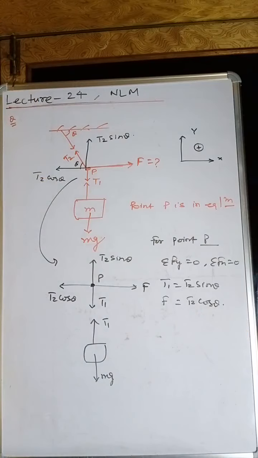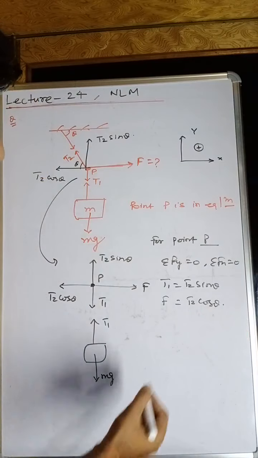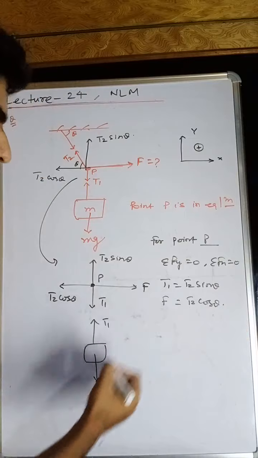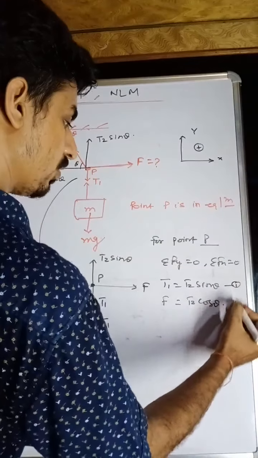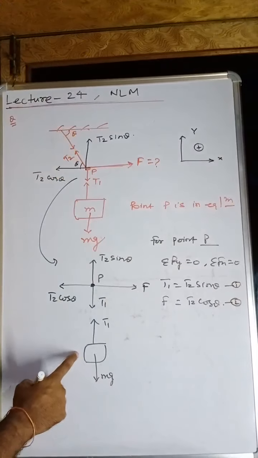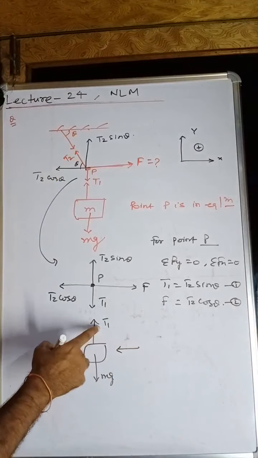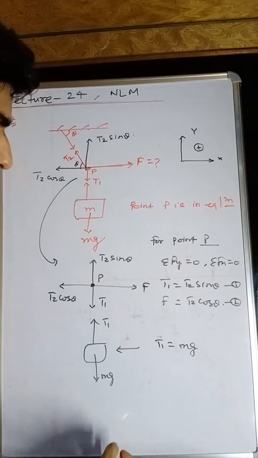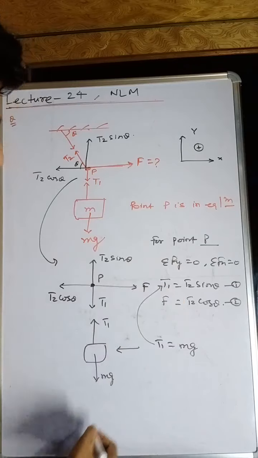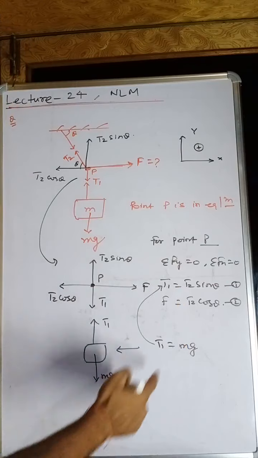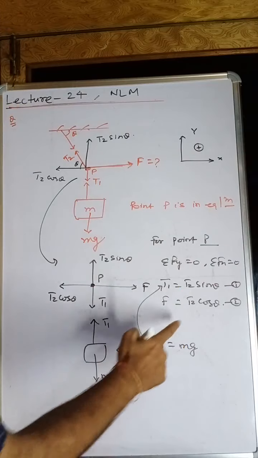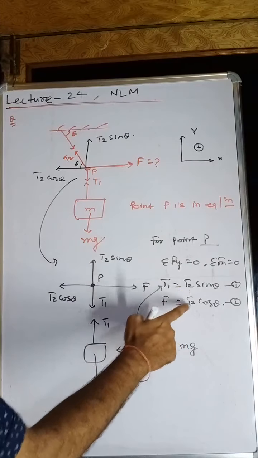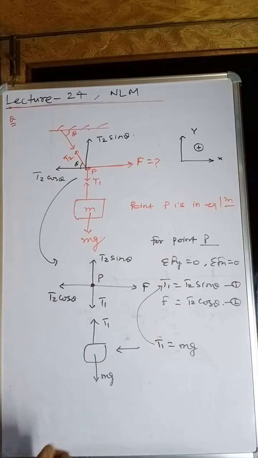Am I right? What do we have to find? We have to find the force F. We got two equations. From the body, we can write that T1 will be balanced by mg. Now put the value of T1 over here, and you will have the value of T2. Then put the value of T2 in equation 2, and you will have the value of F. I hope you understand.